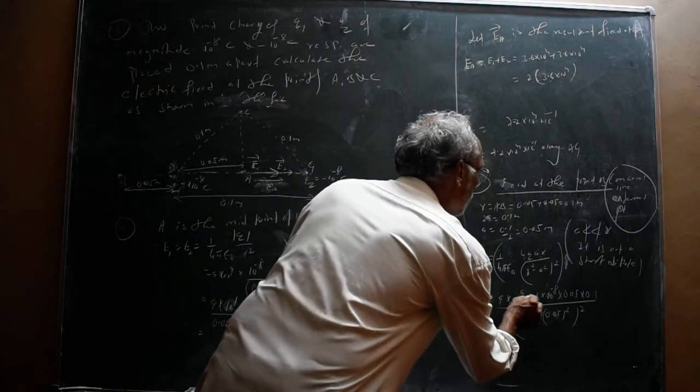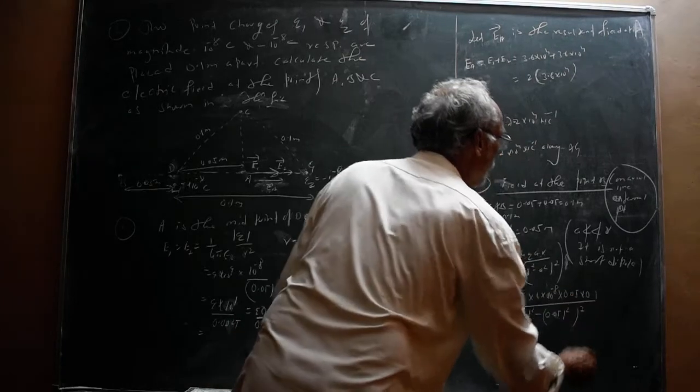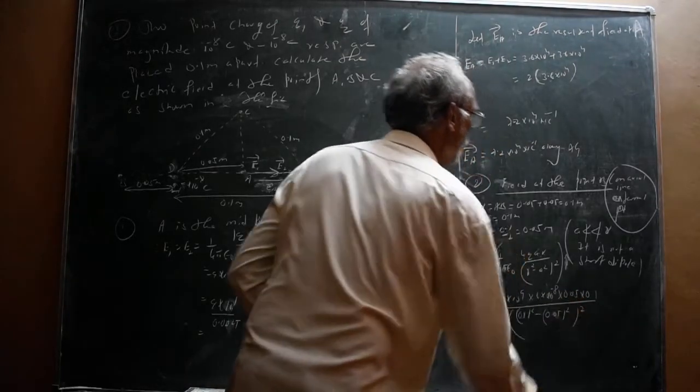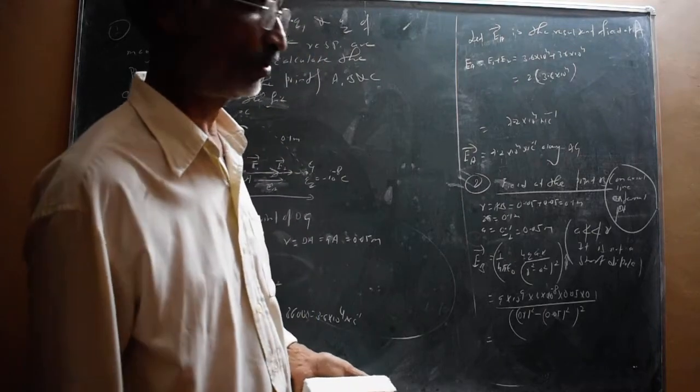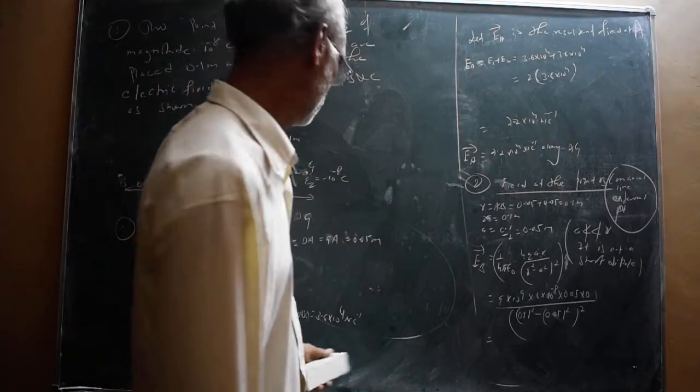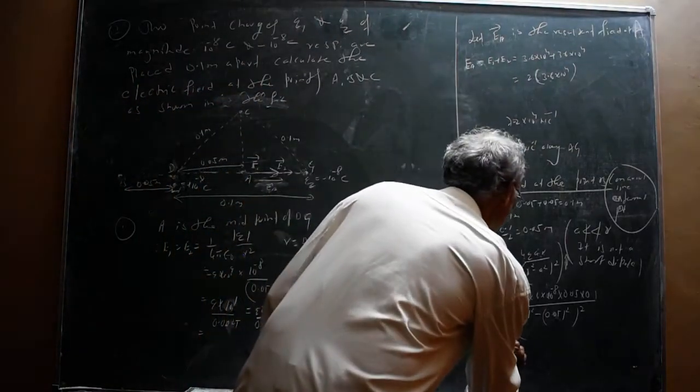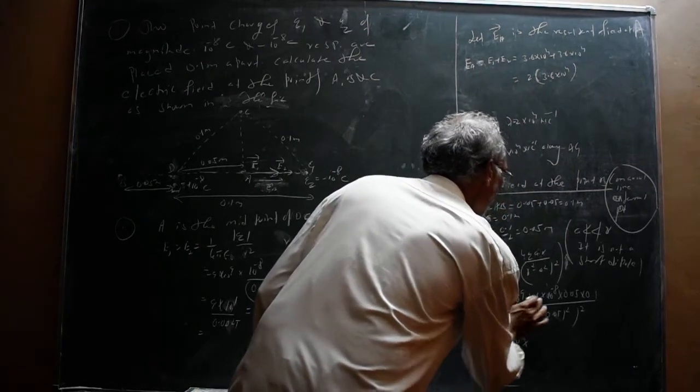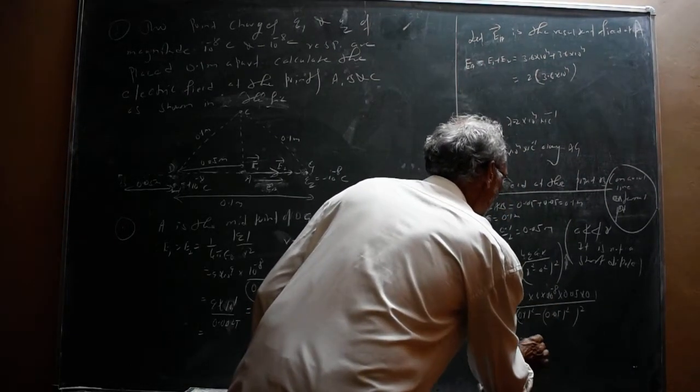Let's do the calculation. 9 into 4 is 36. 36 into 0.1 is 3.6. 3.6 into 0.05 equals 0.18. Okay, 0.18 into 10 to the power of 8 into 10 to the power of 9.